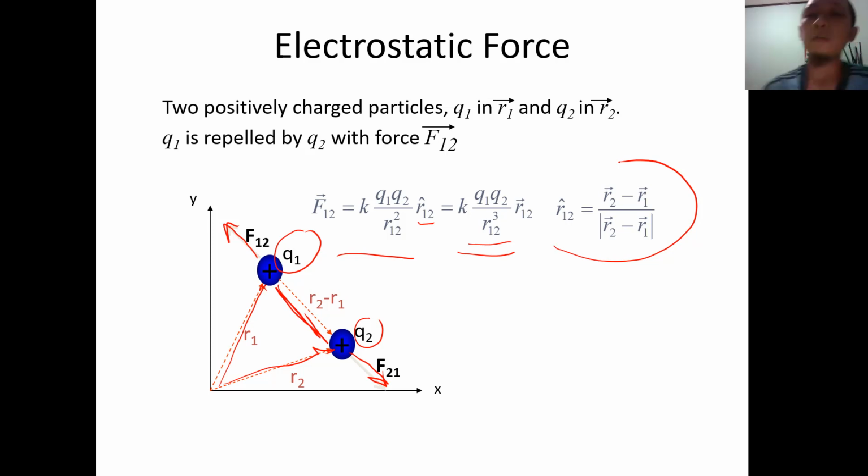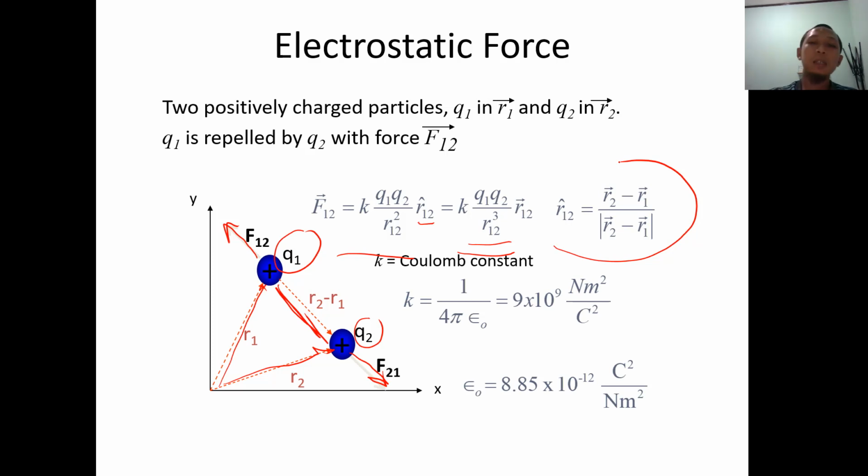We have talked about vectors, how to measure the distance in vector form. And k is the Coulomb constant, 9 multiplied by 10 to the 9 newton meter squared per coulomb squared. And epsilon 0 is this one.